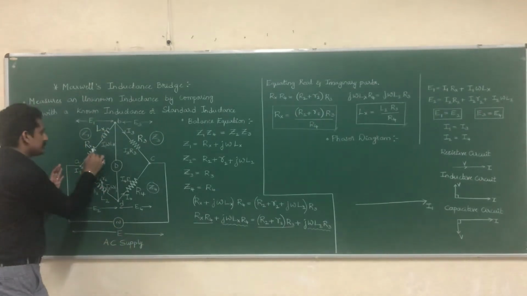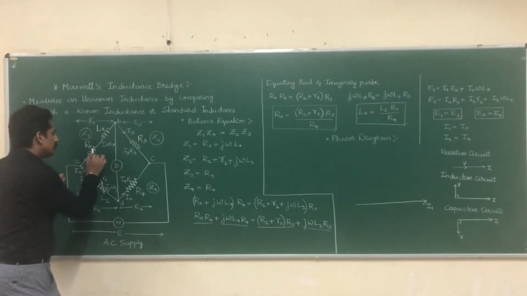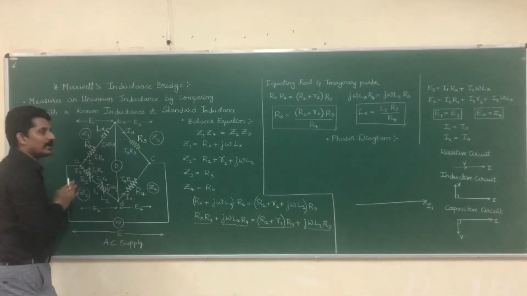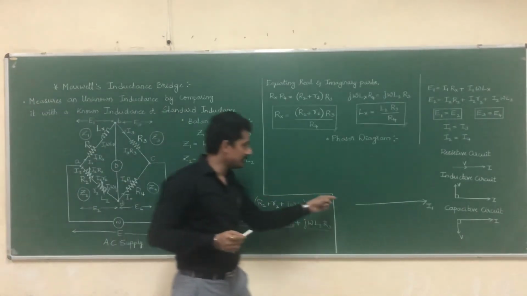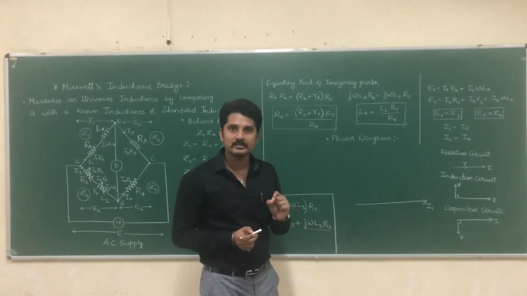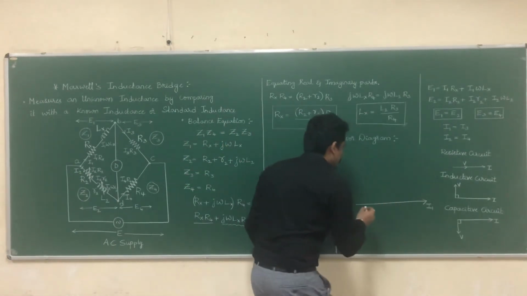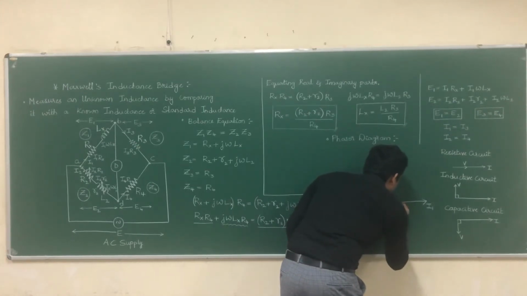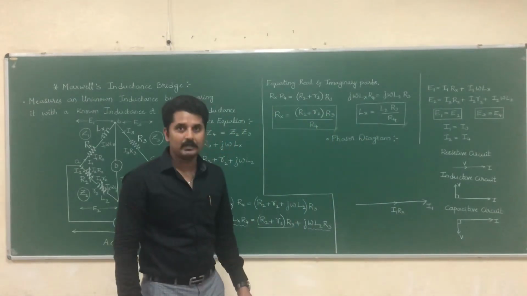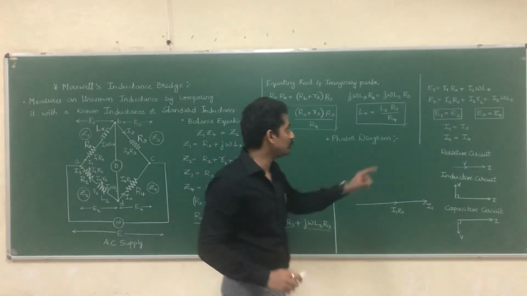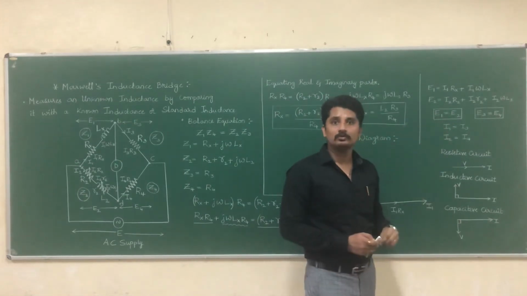Now first, this is a resistive, right? Completely resistive. So what is the voltage drop here? I1 Rx. If current is in this direction, where should be the voltage? The voltage drop I1 Rx should be in phase with this. So I will write here I1 Rx. Under balanced condition, we know that E1 will be equal to E2.